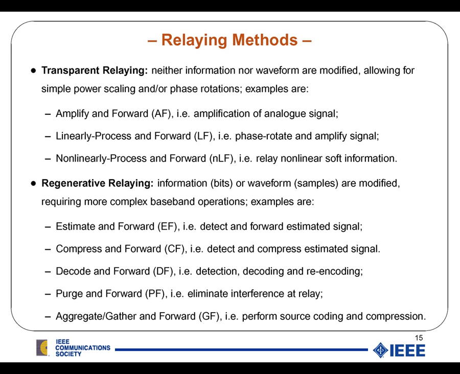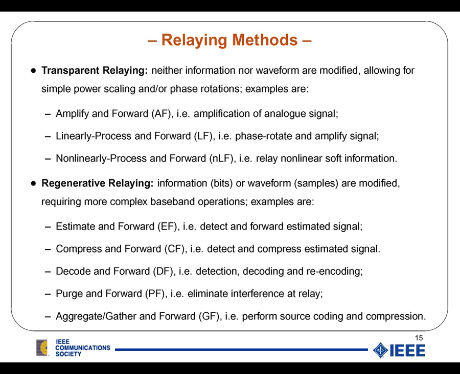You could also have the compress and forward, where you detect a signal, you compress and estimate it, and send it out. Then you have the decode and forward, which is well known. You would detect it, you would decode it, whatever decoding system you have used, and you would re-encode it, potentially using the same or a different code.